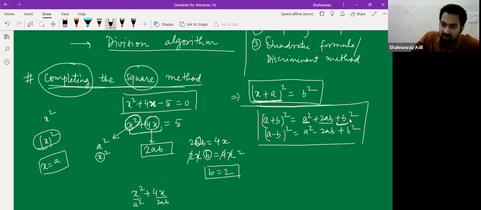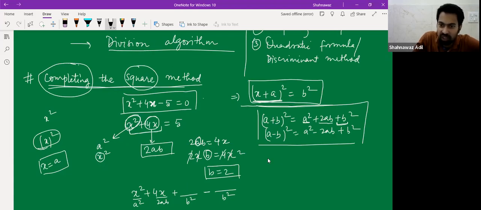If we are adding something, then we have to subtract that much also, to keep the equation equal, right?